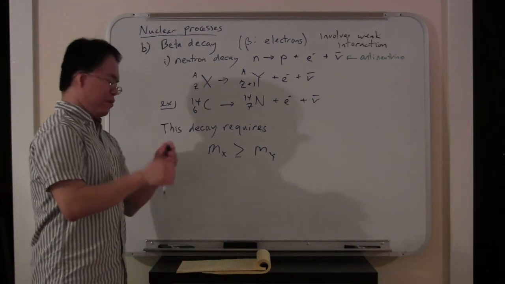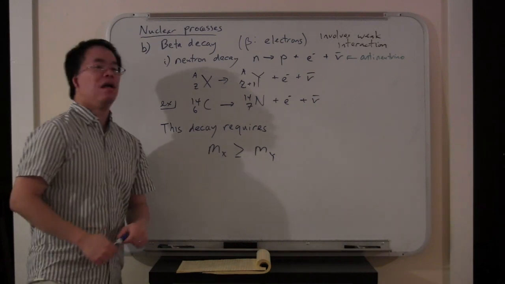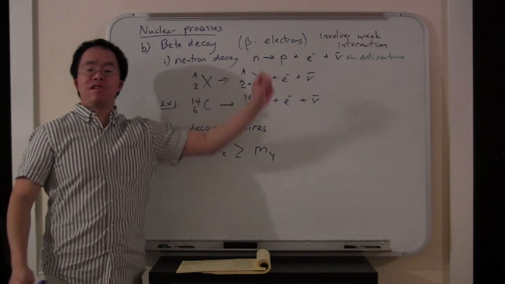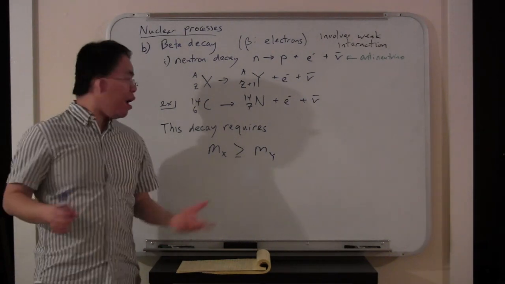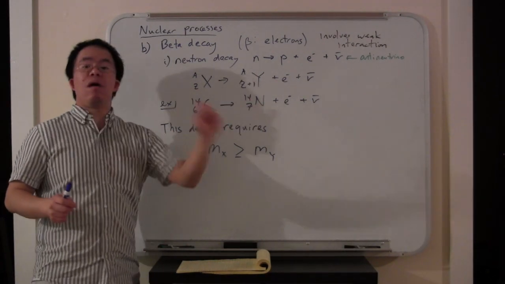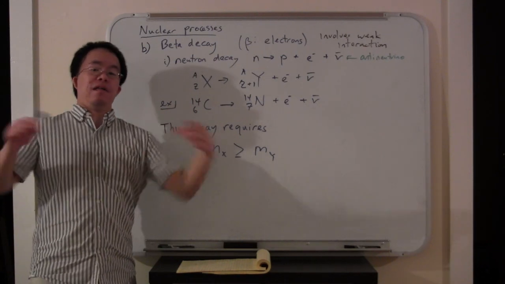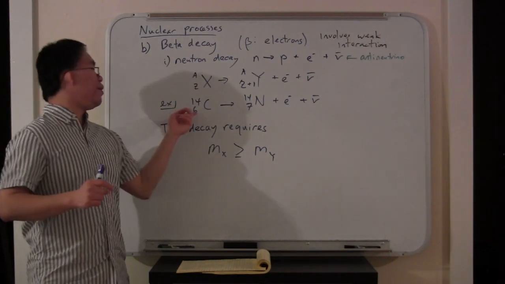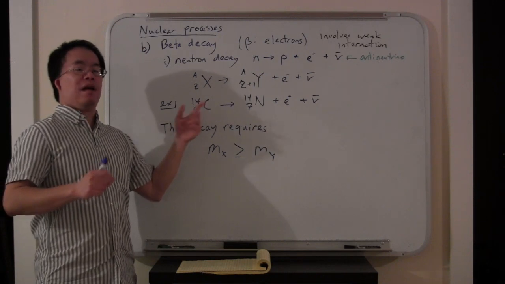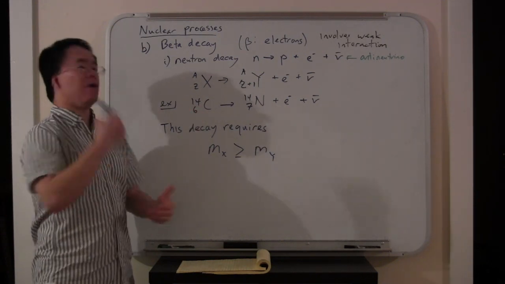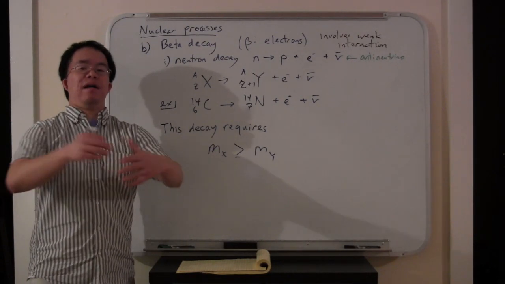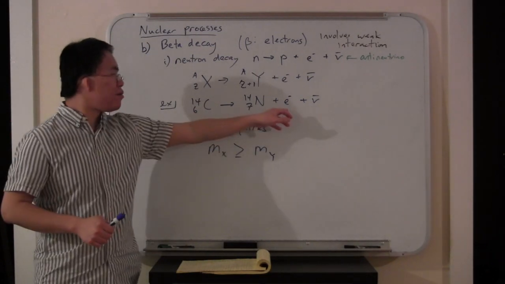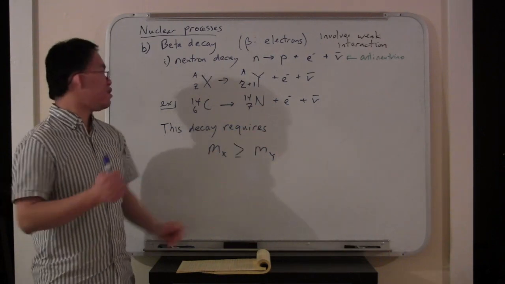This requires a word of explanation. In this kind of decay process, the electron just arises. It is not one of the electrons that's already in the parent atom. Carbon, having 6 protons, also has 6 electrons. This electron is not one of those 6.